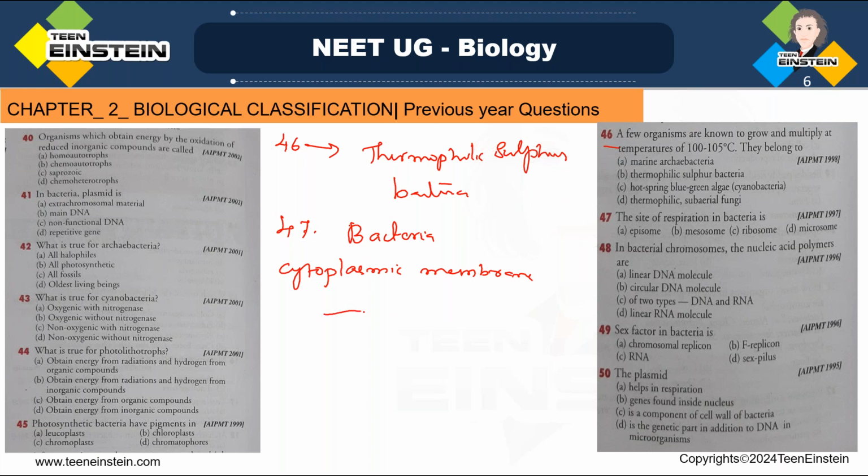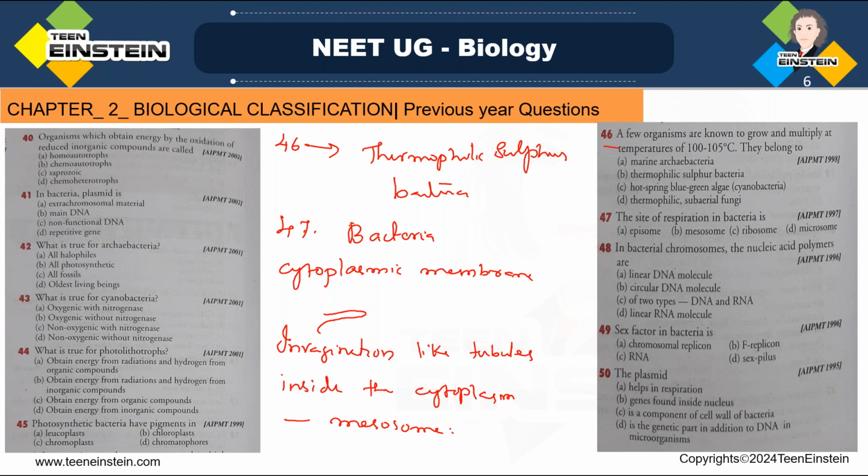So it has inside foldings into the cytoplasm, in the form of tubules, invaginations like tubules towards the inside of the cytoplasm, right? These are called, what is the name of this? Mesosomes.